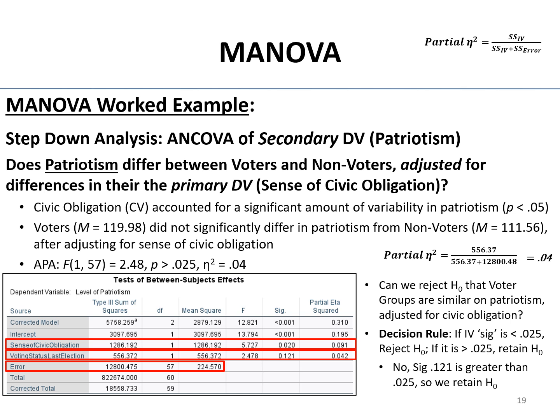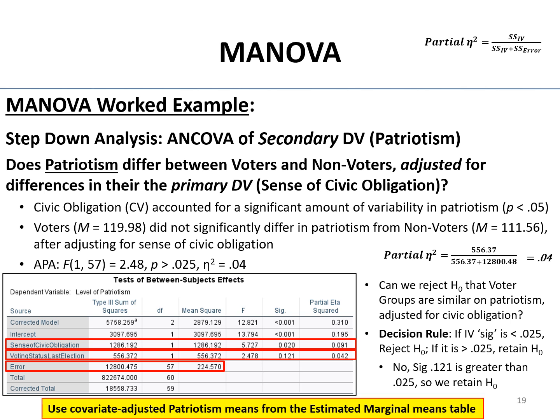So there's our APA format. We've got an F with 1 and 57 degrees of freedom equal to 2.48. P was greater than 0.025, not significant. And our partial eta squared was 0.04. Again, remember to use the covariate adjusted patriotism means when you're interpreting this effect in your APA write-up. That's the 119 and 111 shown above.